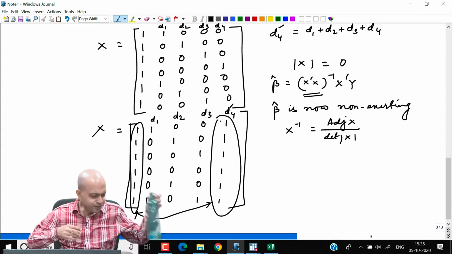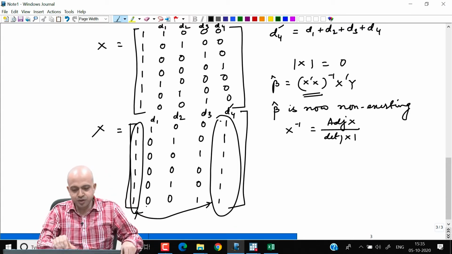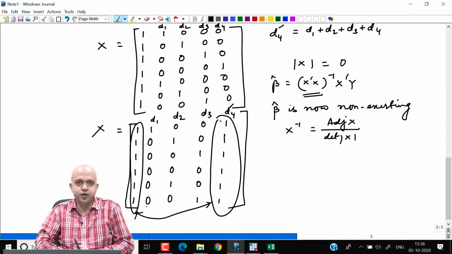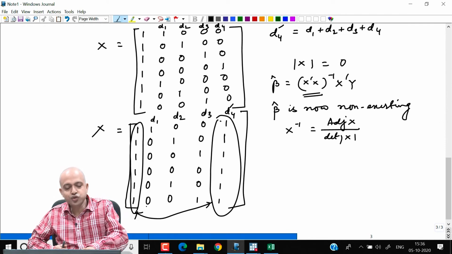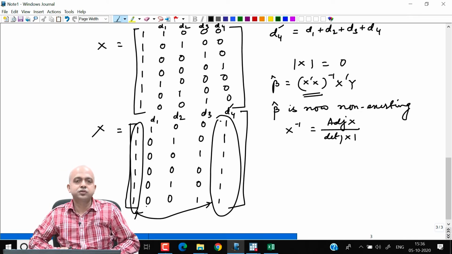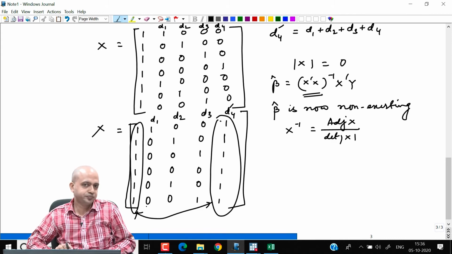So how will you solve that problem? To solve that problem, from the structure of the X matrix itself, you can understand that there is a simple mathematical solution. The solution is you just omit this intercept column. If you omit this intercept column, then the problem is not there.